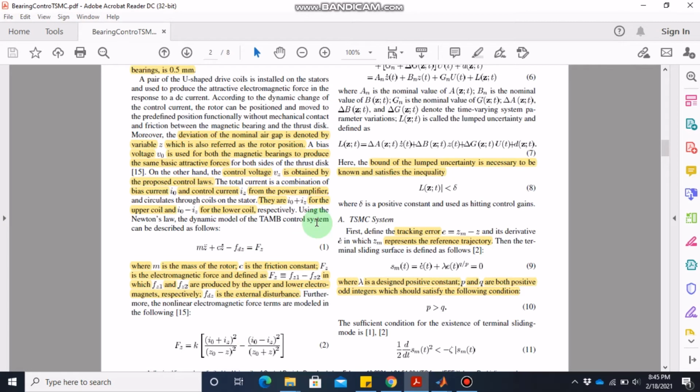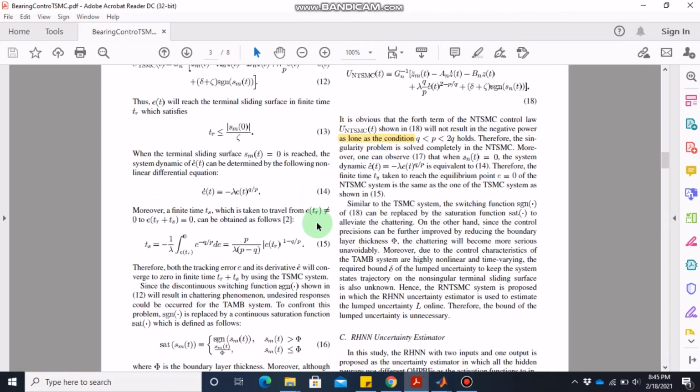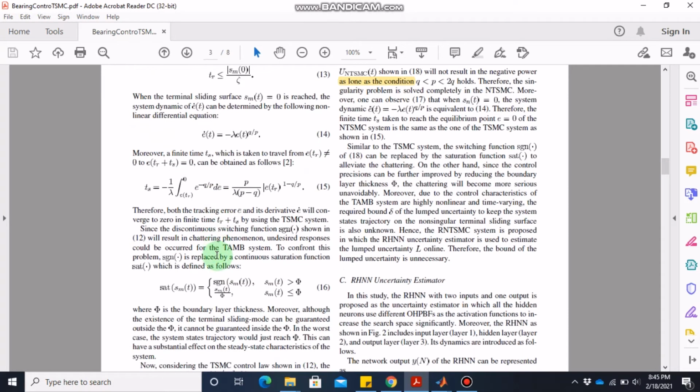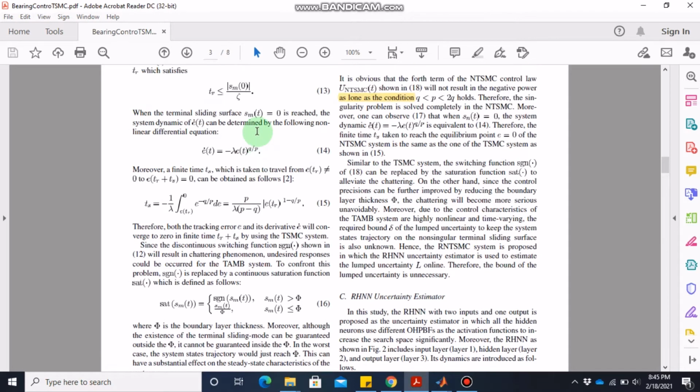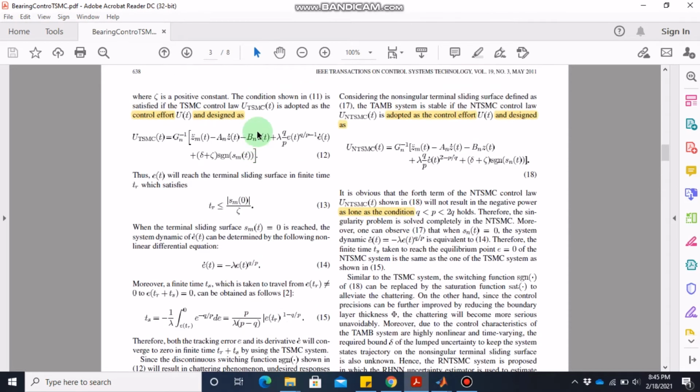For example, this is what I was talking about: saturation of S is equal to sign of S when S is greater than phi, and S over phi when S is less than phi. So this is what we have implemented for P. Here, for example, this terminal sliding mode control law, I have also simulated.